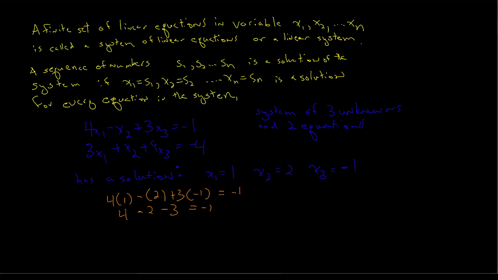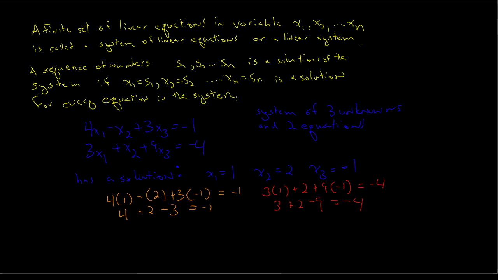And if I do that replacement on the second equation, 3 times 1 plus 2 plus 9 times minus 1 equals negative 4. So I get 3 plus 2 minus 9, or 5 minus 9, negative 4. And so this sequence, 1, 2, negative 1, satisfies both equations.